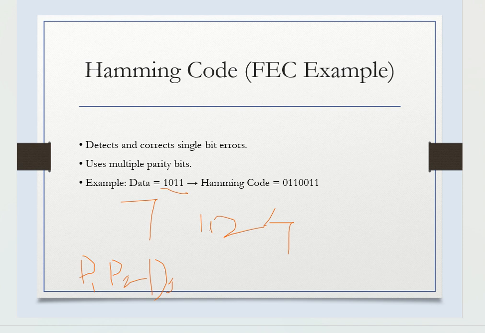P1, P2, D3, P4, D5, D6, D7. P1 checks the bits 1, 3, 5, 7; P2 checks the bits 2, 3, 6, 7; and P4 checks the bits 4, 5, 6, 7.